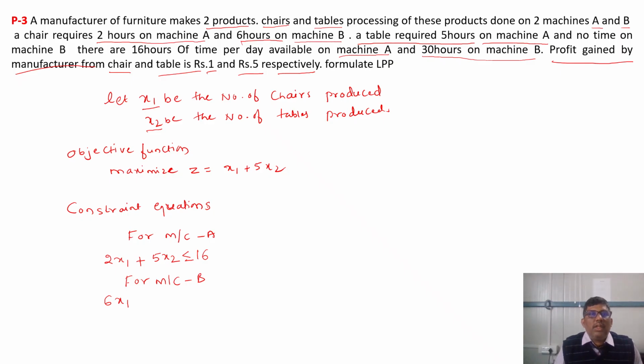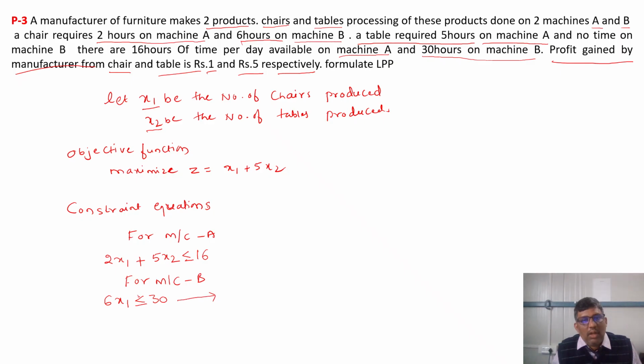Any other limitations? No time on machine B for the table, he is not producing the table there, he is producing only the chair. So we have only one decision variable here, x1, so 6x1, and it has a time limit of 30 hours. He can utilize machine B only for 30 hours. This is the second equation.